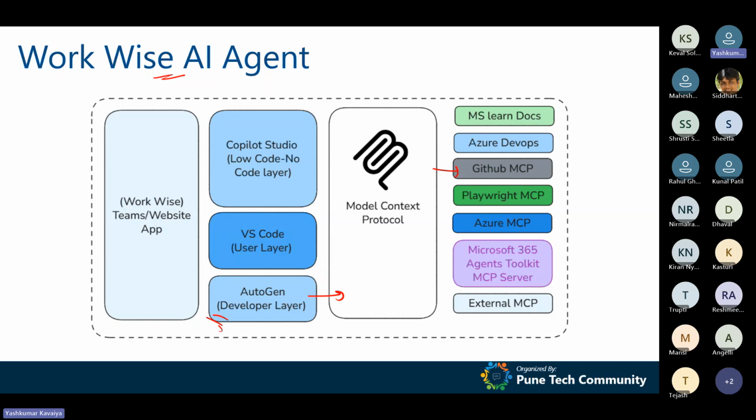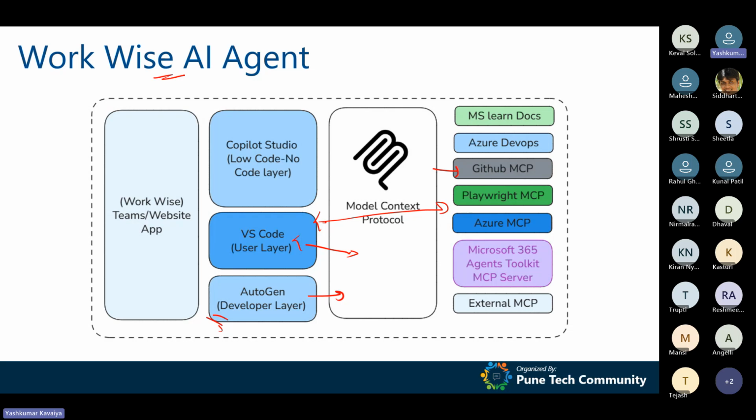Another one is the user layer. The user layer is where I am a tester or some other person. How can I use a predefined MCP server? If a tester needs to test a particular website, they just use the Playwright MCP server in VS Code, call their roles and responsibilities, and the entire work is done.